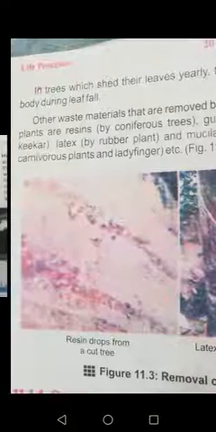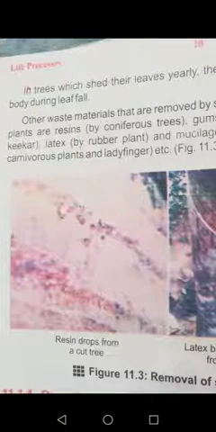In the next paragraph some examples are given. Different plants produce different metabolic wastes. For example, resins are produced by coniferous trees, gums are produced by kikar, latex is produced by rubber plants, and mucilage is produced by carnivorous plants and ladyfingers. These are the examples and these are the figures shown.